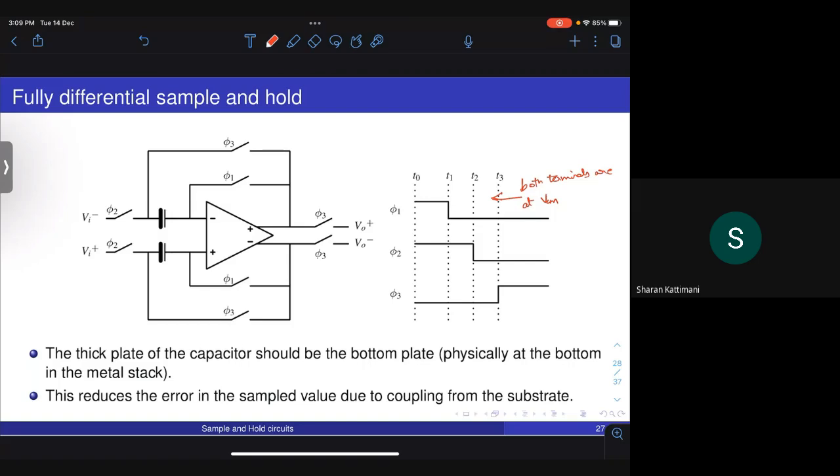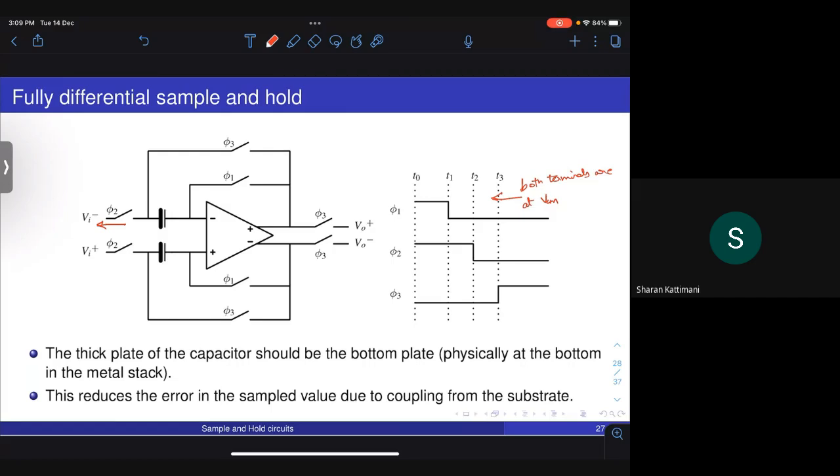So when phi 1 turns off, the charge injection is a fixed quantity. It just produces an offset error because the voltage across the switch is always at VCM. Okay. After that, phi 2 turns off. When phi 2 turns off, again the same thing happens. Because there is no path to ground, all the charge injection due to phi 2 has to go to Vin. And after some time, phi 3 turns on, which completes the sampling operation.